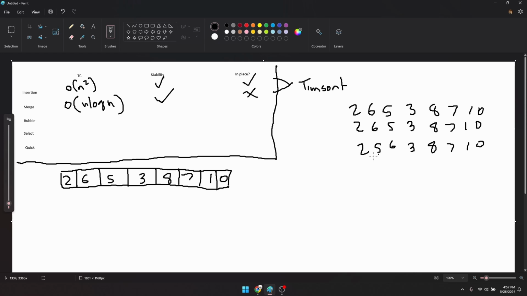3 is going to be less than 6, so 3 needs to be swapped with 6. 6 is less than 8, so we don't have to do anything for that iteration. 8 is going to be greater than 7, so we do need to swap the 2. 1 is going to be less than 8, so we need to swap the 2.